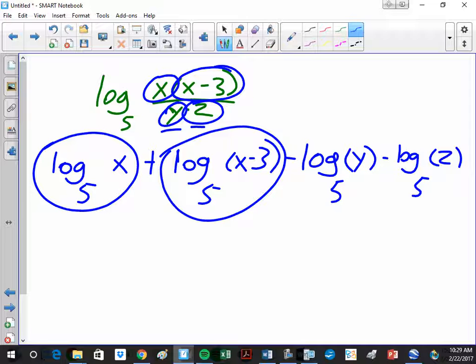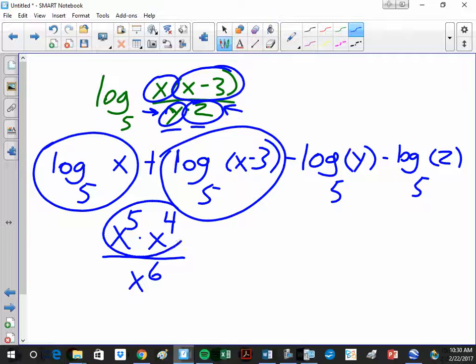So they're in the denominator. Right, but they're both in the denominator. Yes. So here's what's really going on. If I had x to the 5th times x to the 4th over x to the 6th, when I have 2 bases multiplied to each other, what do I do to the exponents?